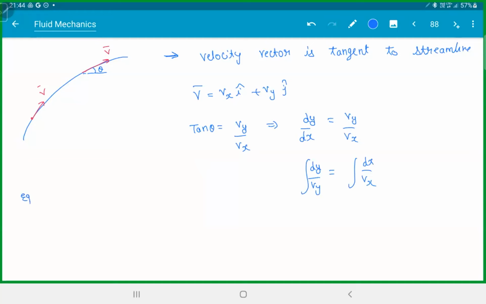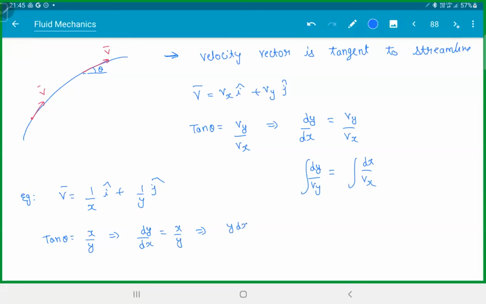Example, let's say someone gives you V bar is 1 by x i cap plus 1 by y j cap. If I use this formula here, tan theta will be 1 by y over 1 by x, which is x by y. So dy by dx is x by y.